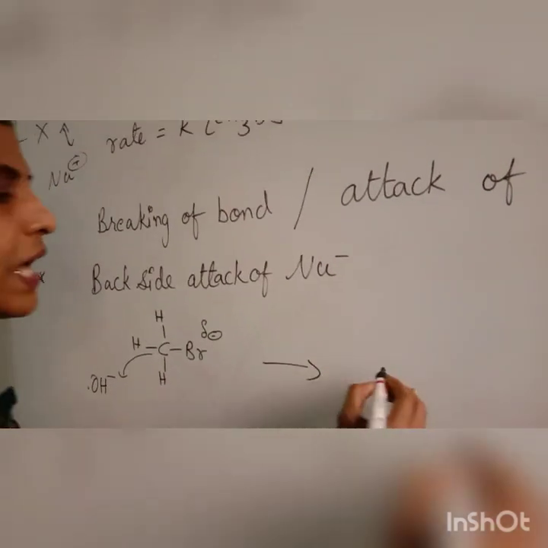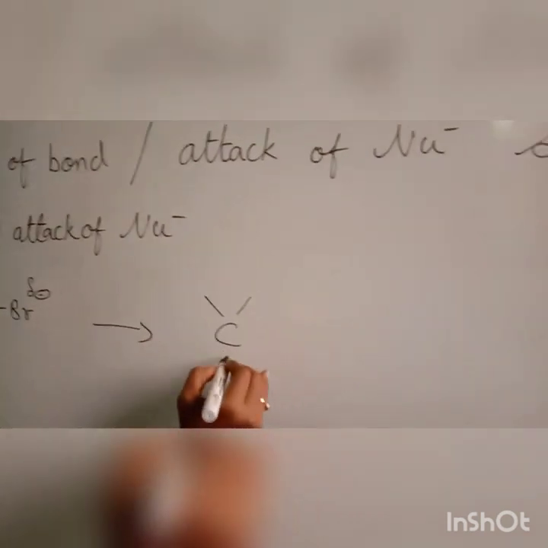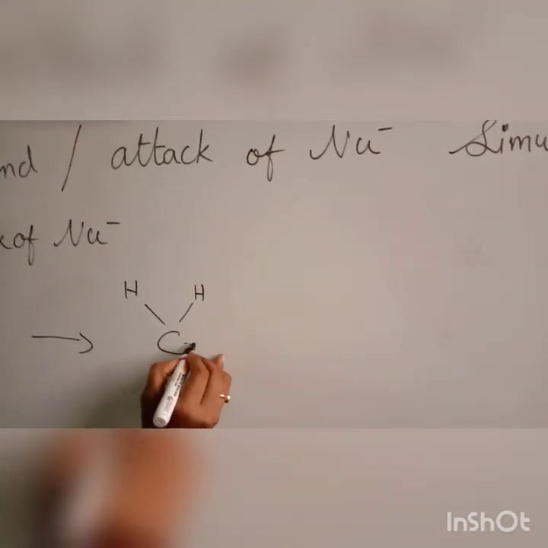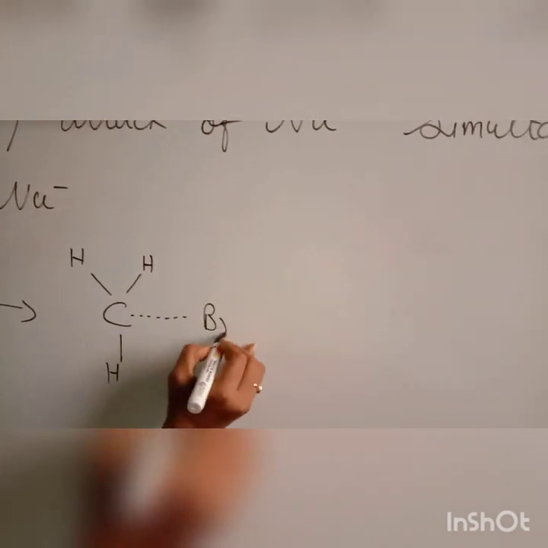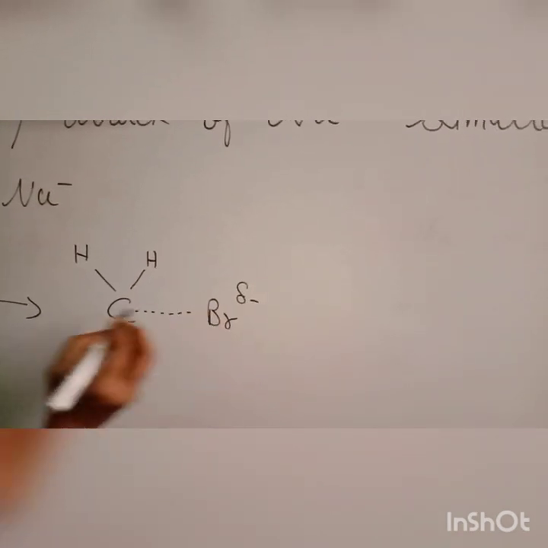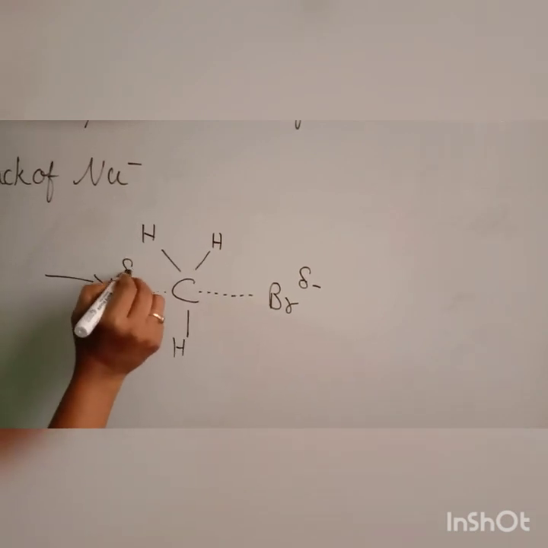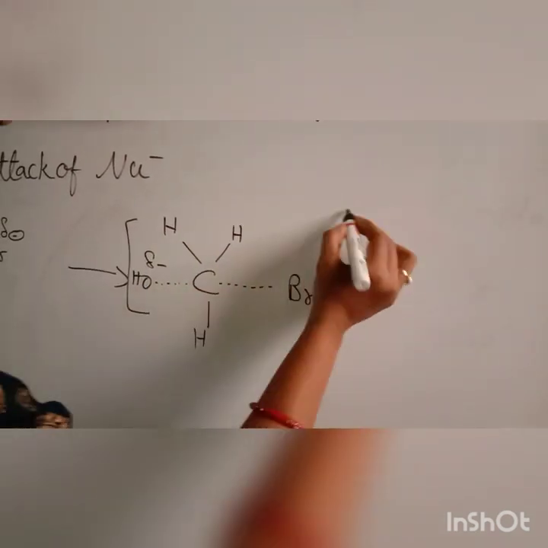So I have the transition state where the breaking of the bond with the bromide group and the attack of the nucleophile take place simultaneously.